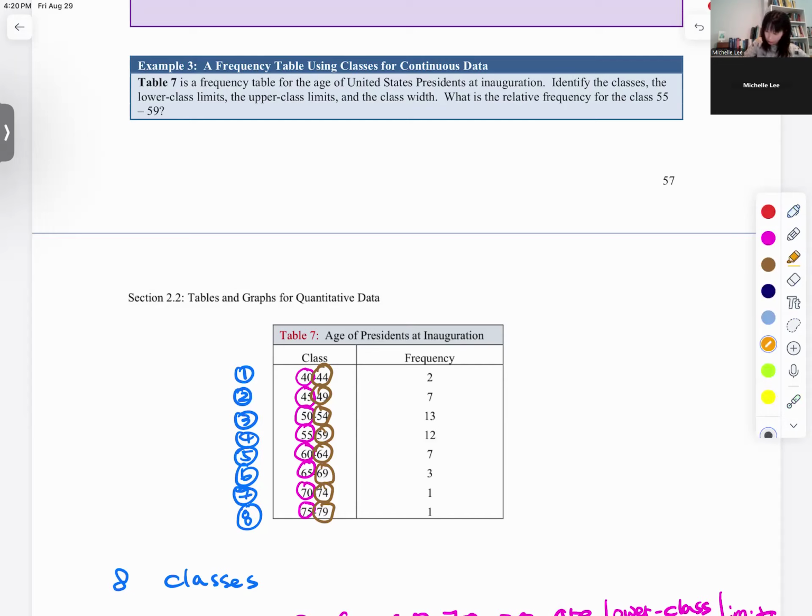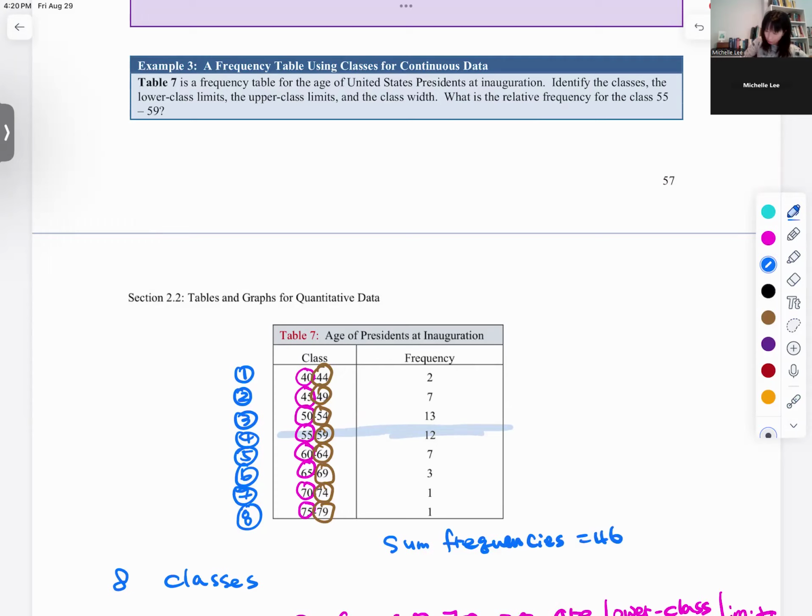So we want to answer this one. Relative frequency. What's the sum of frequencies? Do you remember? It's 46, right?